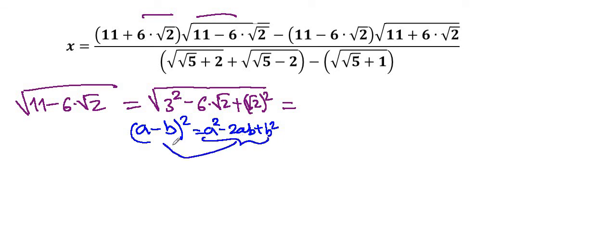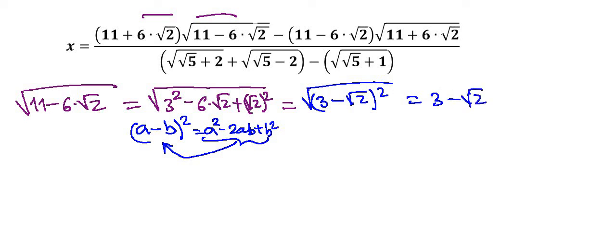So now this expression looks like this. Using this formula, we'll get (3 minus square root of 2) squared, right? Now therefore you will get 3 minus square root of 2. In the same manner, we can express 11 plus 6 times square root of 2 as a perfect square.